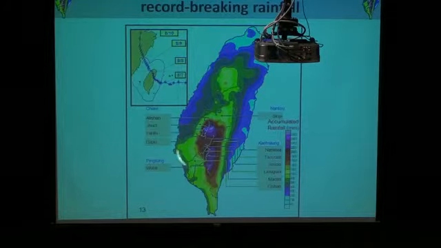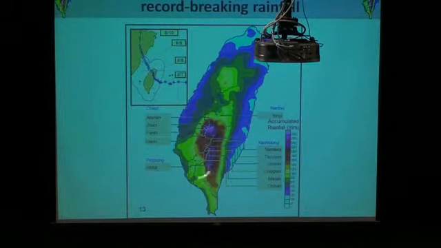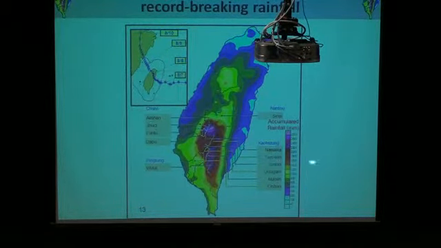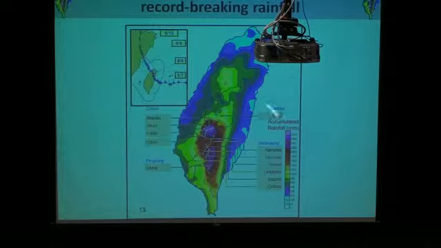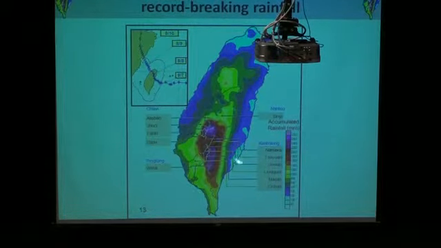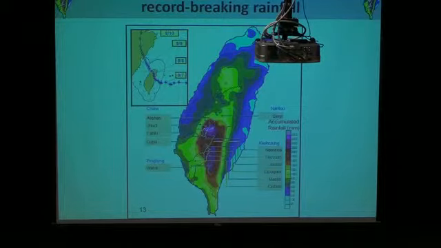And this is the total rainfall for, I forgot the exact day, a 3-day rainfall accumulation. For this area, the rainfall amount exceeded, I cannot see that here, probably more than 2,000 millimeters. The biggest rainfall area concentrates on this sloping terrain to the west of the Central Mountain Range.